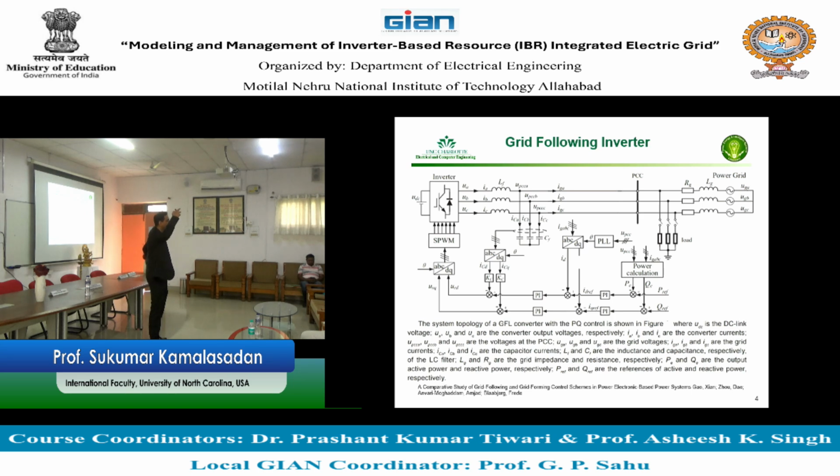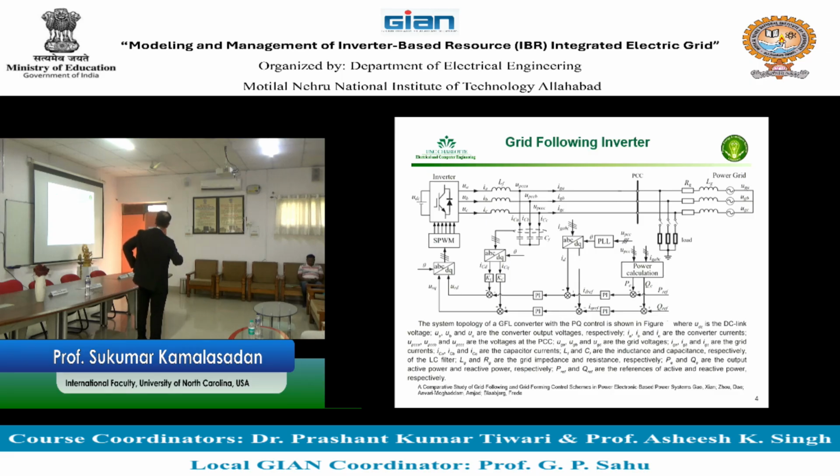Remember that we said the reactive power is this much I need, active power is this much when the grid is present, right? That change in power you pass through a controller to deliver the output of that controller in terms of voltage. Then from there you take this output to control a reference signal for the sine PWM, and that voltage signal goes to the inverter. This is the control architecture.